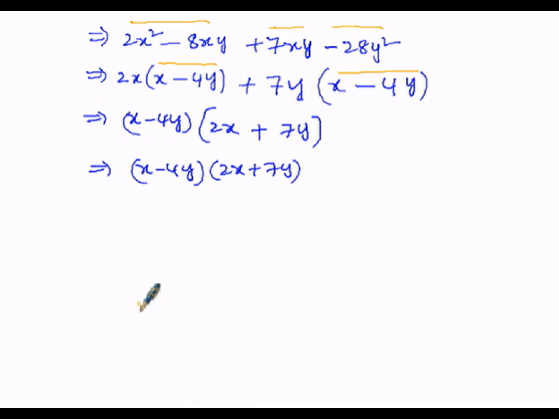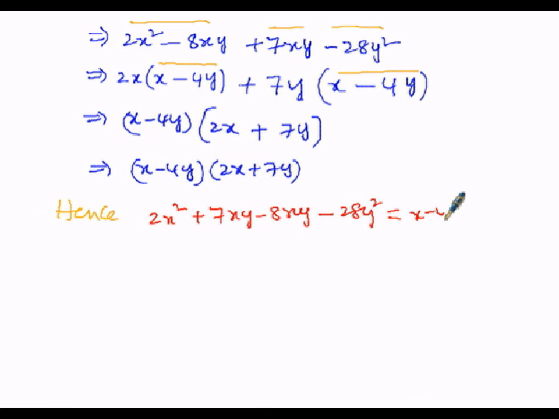So hence, these two are the factors of the given expression, which is 2x square plus 7xy minus 8xy minus 28y square, equals x minus 4y into 2x plus 7y.